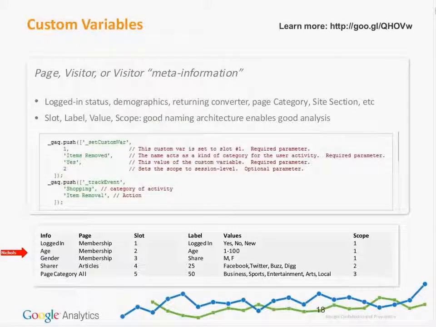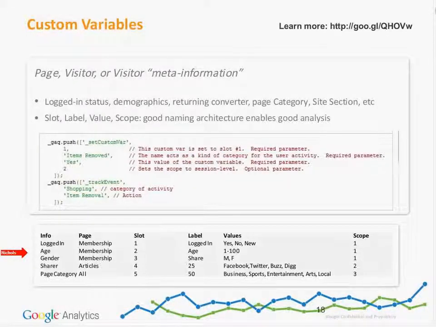The difference is that if you start assigning these to a different scope, and the potential scopes are page, visit, visitor, order, then slots start to get dedicated, right? So if you're in your first slot, you have something that's assigned at the visitor level. That means every time they return, you will want to not overwrite that slot because you'll lose what you're trying to track the visitor for.